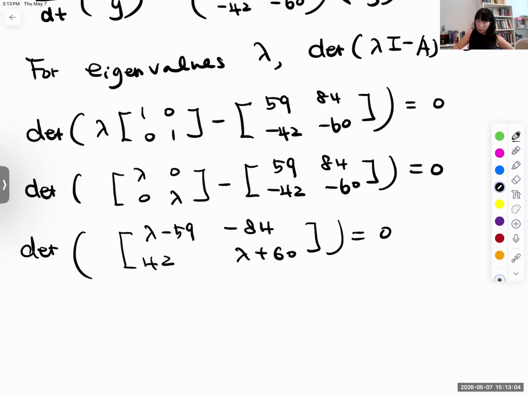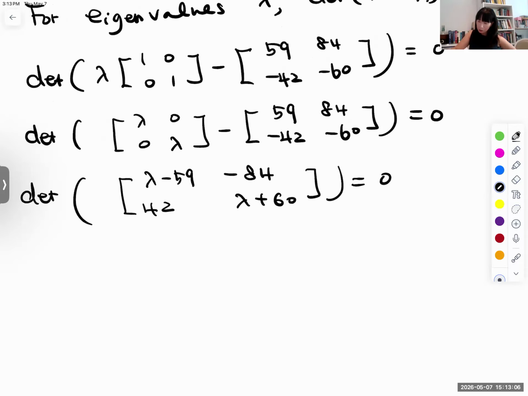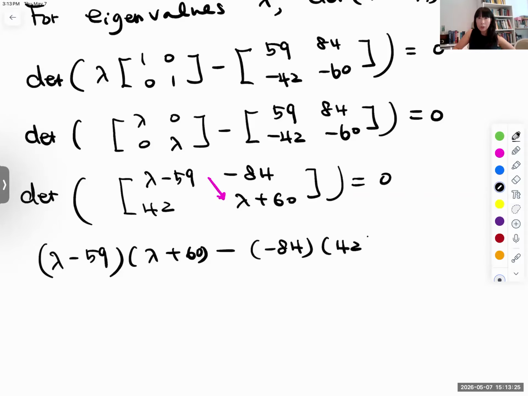For a 2 by 2 determinant, we multiply this way: lambda minus 59 times lambda plus 60, minus negative 84 times 42, equal to 0.